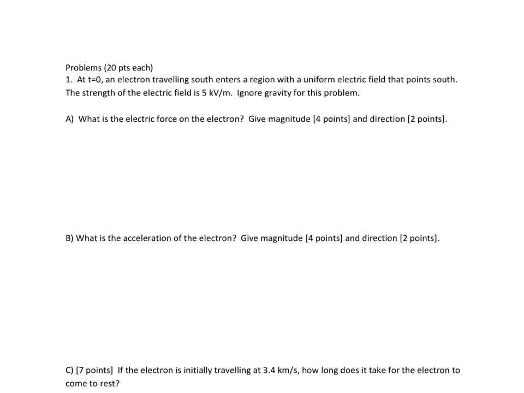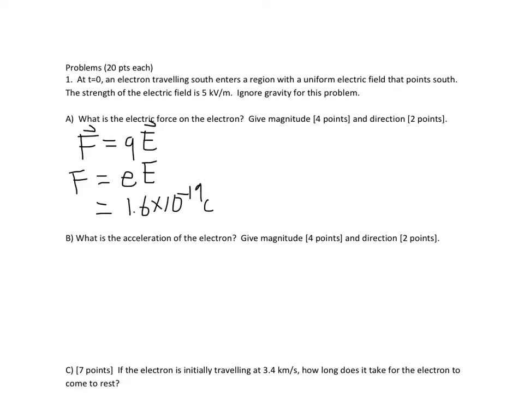Problem 1 is a simple problem in kinematics. You have an electron released in a uniform electric field. So the relevant formula here is merely that the force is Q times electric field. Let's look at the magnitude first. The magnitude of the charge on the electron, of course, is e. And so we can write this out as 1.6 times 10 to the minus 19 coulombs times the electric field.